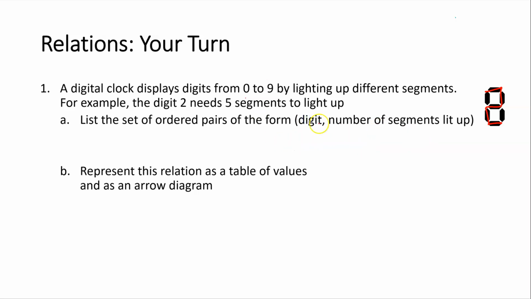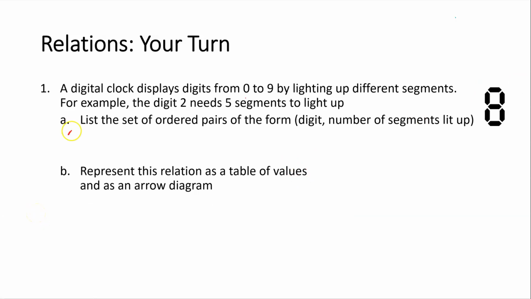So think about all the ways that you can make the numbers 0, 1, 2, 3, 4, 5, 6, 7, 8, 9 by lighting up different segments of the clock and list them as a set of ordered pairs. Then try to represent that relation as a table of values, and then try to represent that relation as an arrow diagram. See how you do and compare your answers to mine.